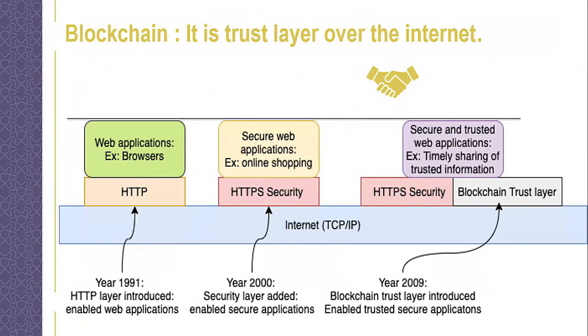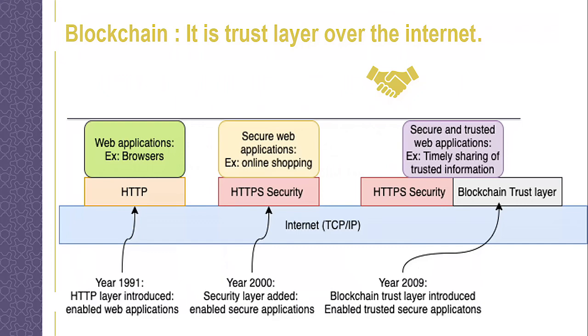So you can see it has really changed how we can use the internet. In fact, the greatest advantage that it has brought to the internet is that particular trust layer. So you don't really need to have issues, right, with security, with transparency and everything, unlike nowadays.